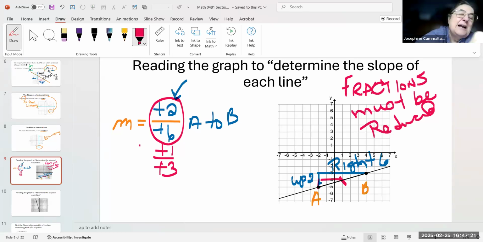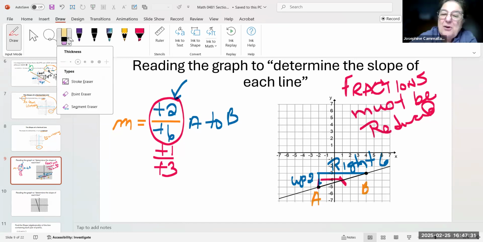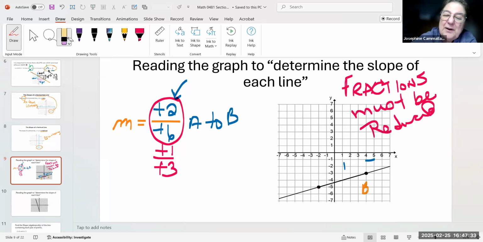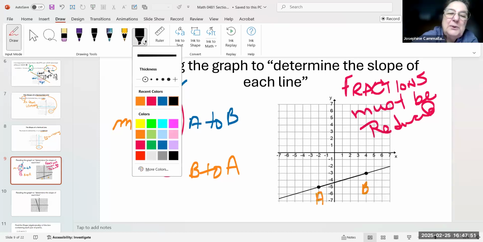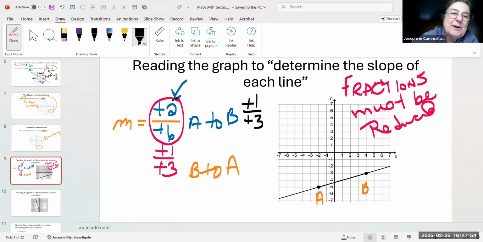Now, I'm going to erase this for a minute. Okay, notice we went up 2, right 6. We went from A to B. Now, notice what I'm going to do here. I am going to go from B to A. Write this up here so I have space.